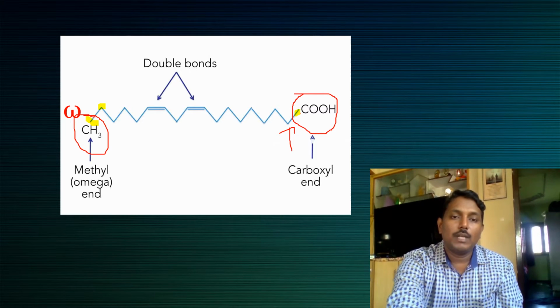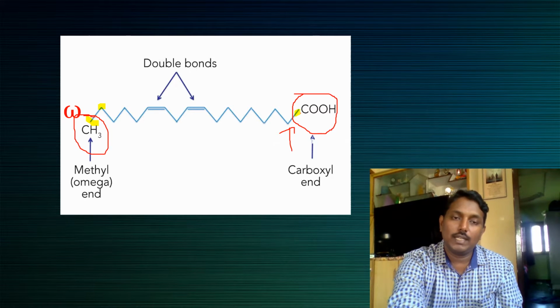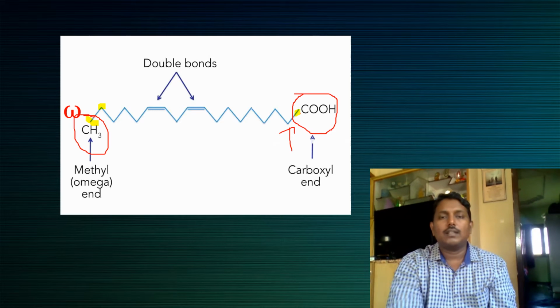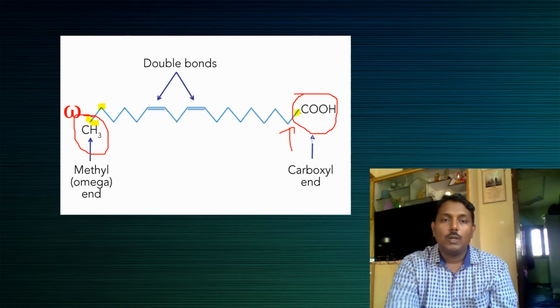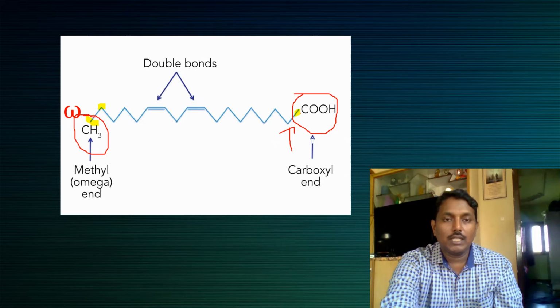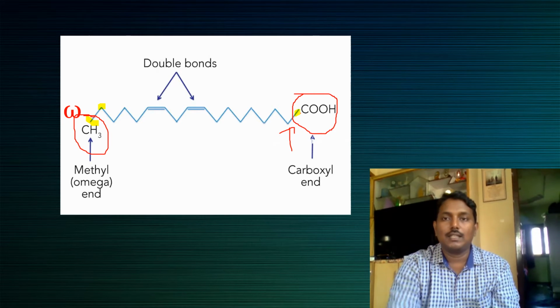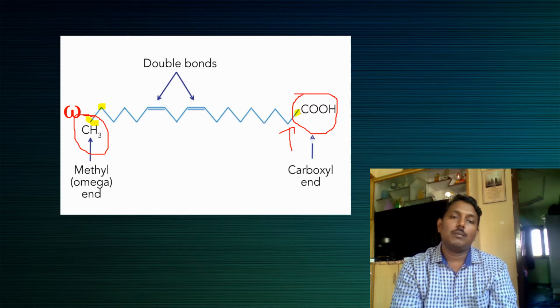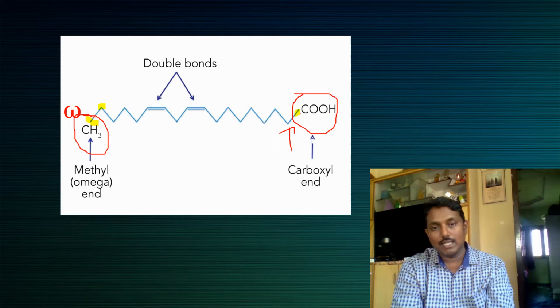Whenever there is a double bond at this third position, we call it omega 3. Now tell me, where is the double bond here? When you observe, the double bond is present at 1, 2, 3, 4, 5, 6. The double bond is present at the 6th omega carbon. So this comes under the omega 6 series.